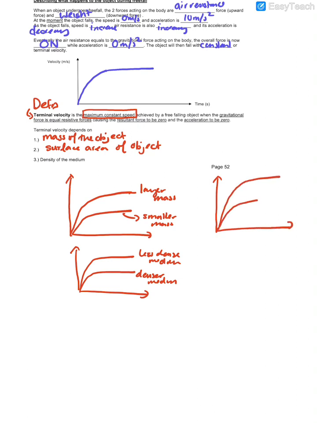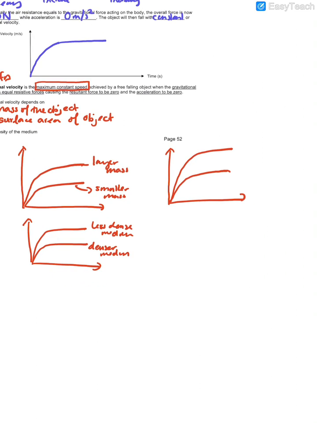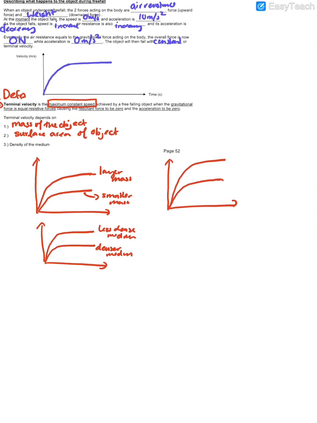So let's say the two objects have the same mass, same weight. Which one will have a larger surface area? Which one will reach terminal velocity faster? The largest surface area, yes, because it generates much more air resistance. So here, larger surface area, and this one will be the smaller surface area.